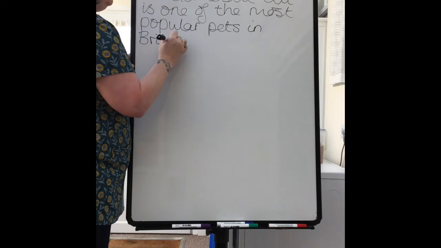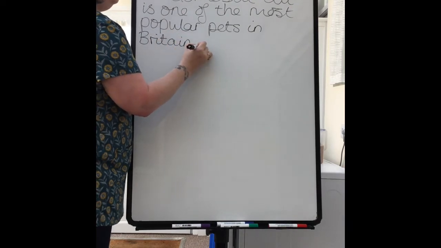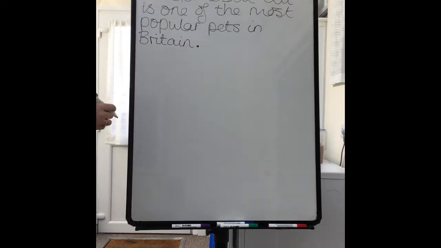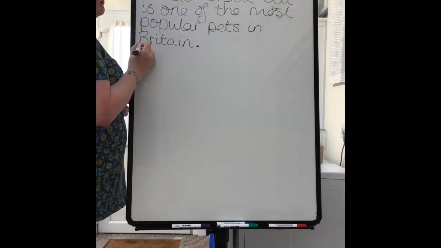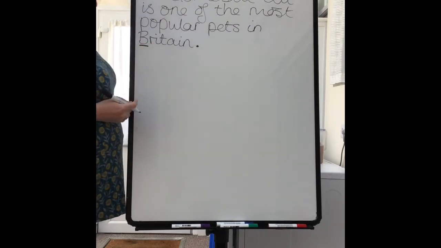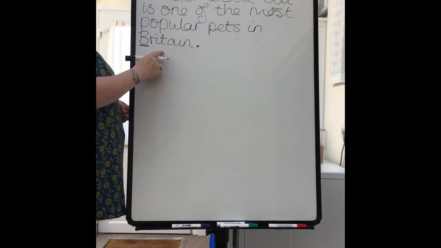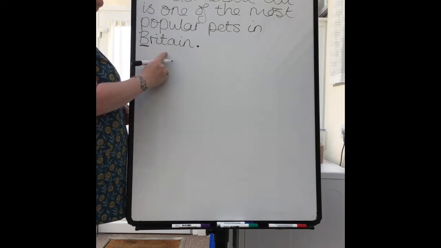So it's a nice general statement just to get me started. Please note, I've put a capital letter on Britain. Britain is the name of the country. It's a proper noun. It needs a capital letter.